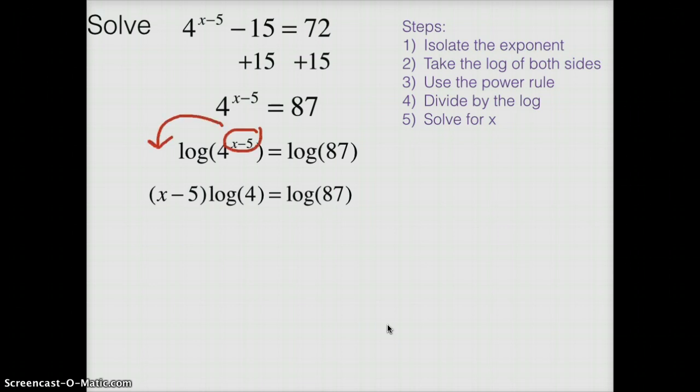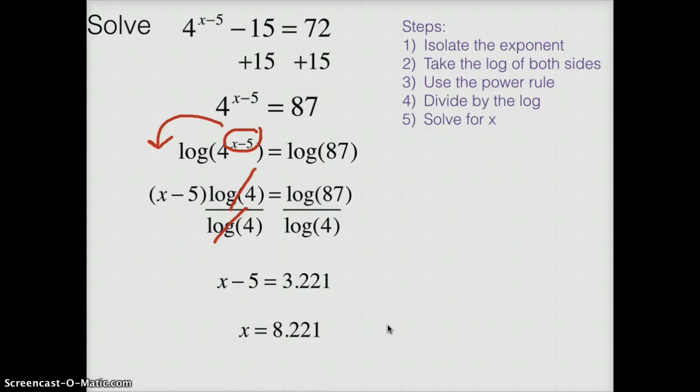Keep it in parentheses. Then we're going to divide by log 4. Those two cancel out. Plug that into your calculator, you get 3.221. And the last step is to add 5. So the answer to this one is x equals 8.221.